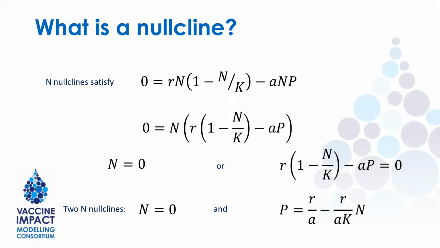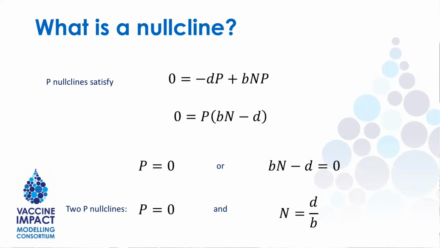Okay. We do the same thing for the predators. Again, p nullclines satisfy when we've got the derivative equal to 0. So we set the whole differential equation equal to 0. We factorize. P equals 0 is one solution, straight away from this.